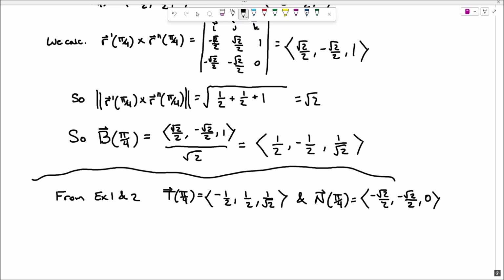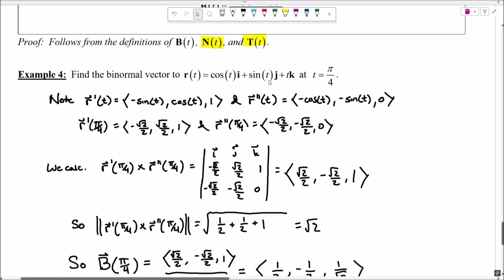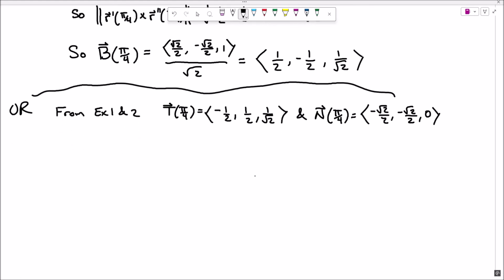And so if you wanted to, you could say that instead of using that above formula, imagine this was on a test, right? If part A was calculate T of t, part B calculate N of t, and then part C comes along and says calculate B of t, well, then doing this formula is actually more work now because I've already done all the work that I need.